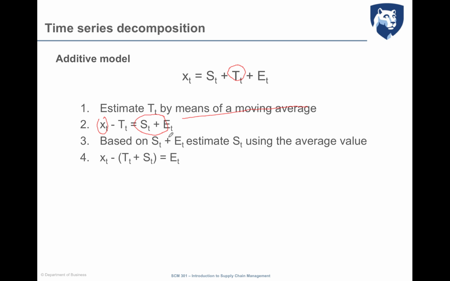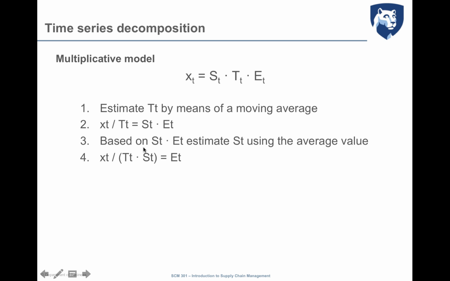Based on this value, estimate the seasonal component using the average value of this in the different periods. We will see that through an example. And then, of course, when you have estimated the seasonal component, you can evaluate the error component by subtracting the trend and the seasonality from the actual demand. Same for the multiplicative model: instead of subtracting it will be a ratio, but the process is the same.